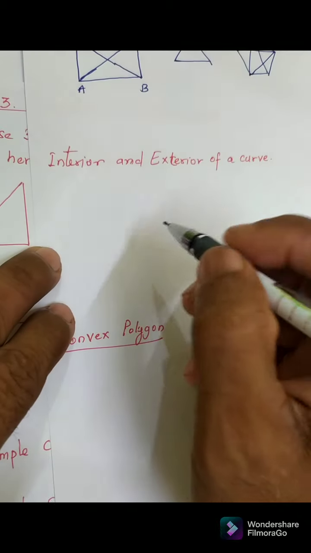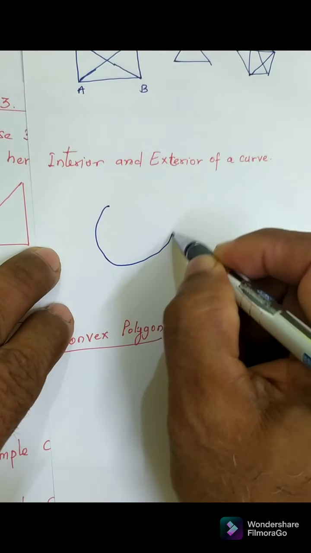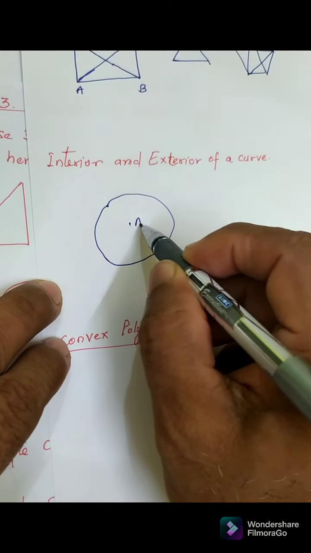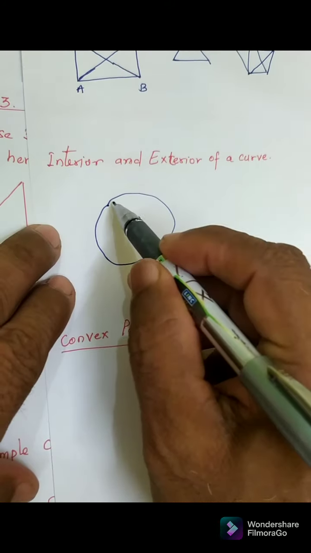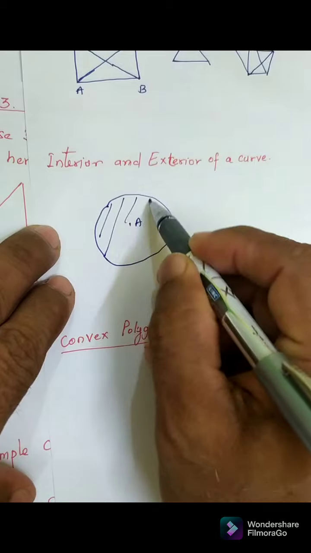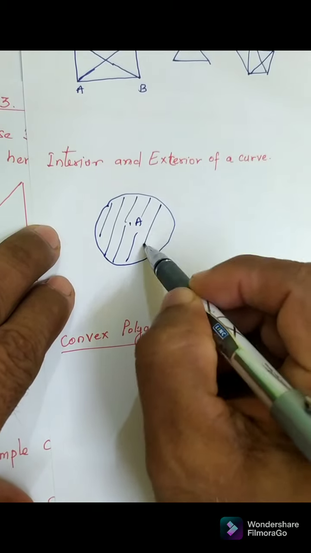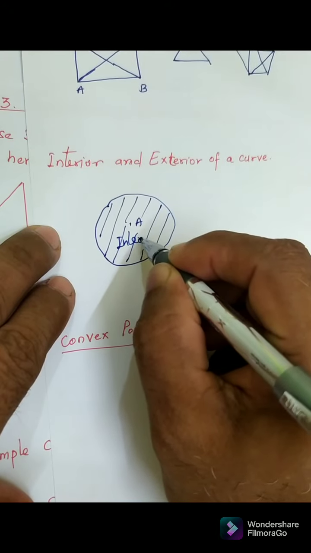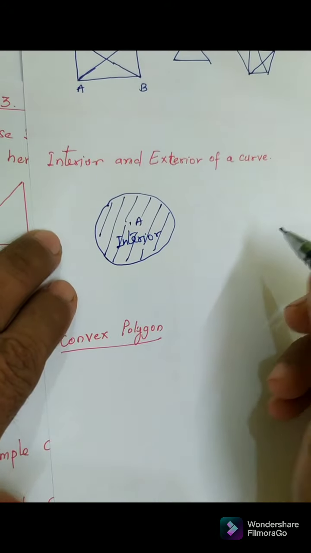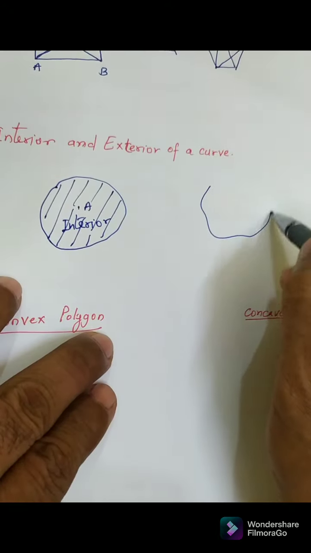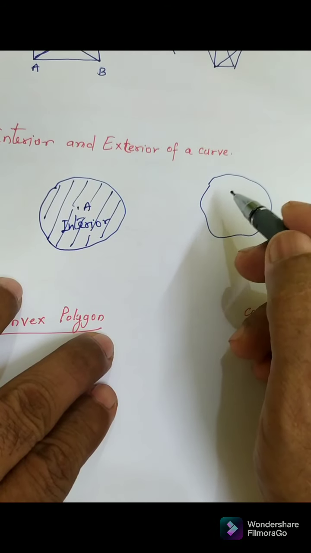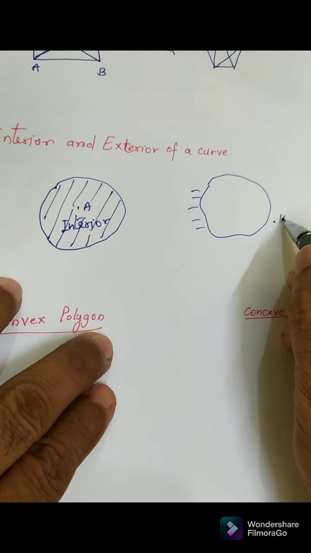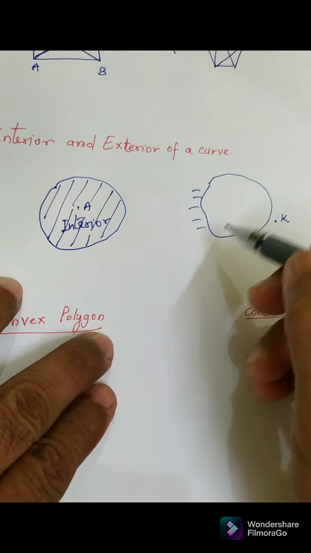Now what is the meaning of interior? Say I draw a figure curve like this. Now this point A is in the interior, so this part inside the curve is called the interior of this curve. Now outside this I say point K, so this is outside the curve.